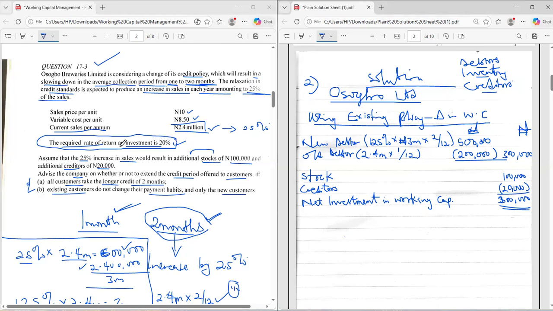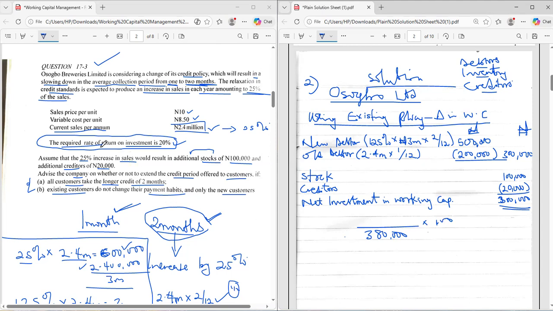That's why I say the required rate of return on investment, because this is investment in working capital, meaning the amount you're going to spend on working capital. So this 20% is what the investors are expecting if they give you this 380,000. So you're going to say 380,000 times 100.